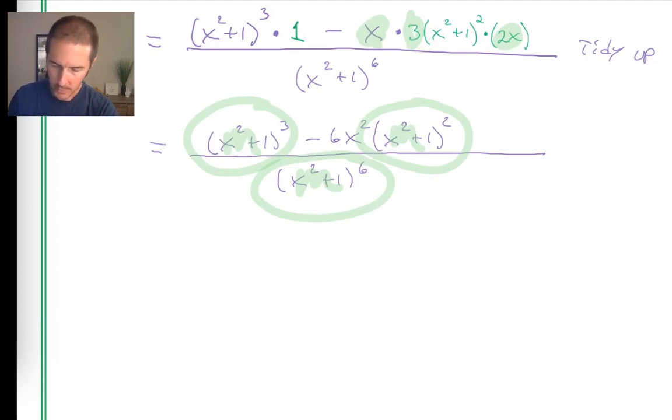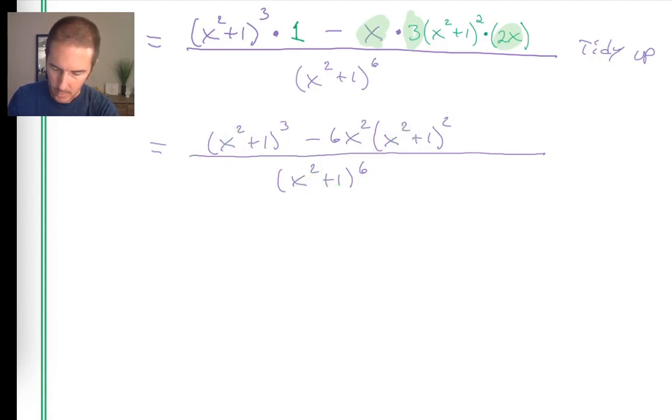So I'm going to, again, cancel two factors of x squared plus 1 from here, 2 factors of x squared plus 1 here, which leaves me with 1. I don't want to do this with a highlighter. I'm going to cancel 2 factors of x squared plus 1 here, which knocks both of those out.